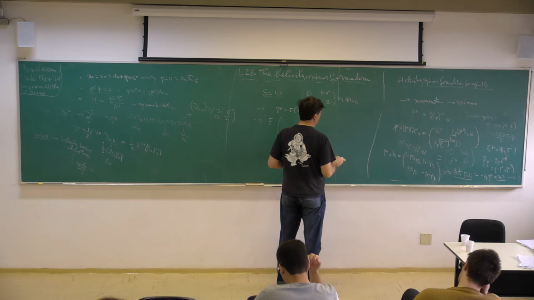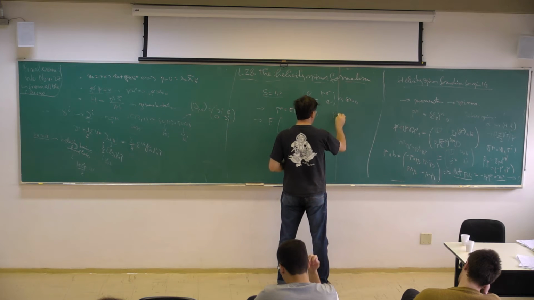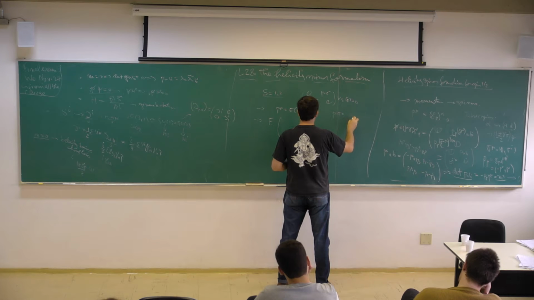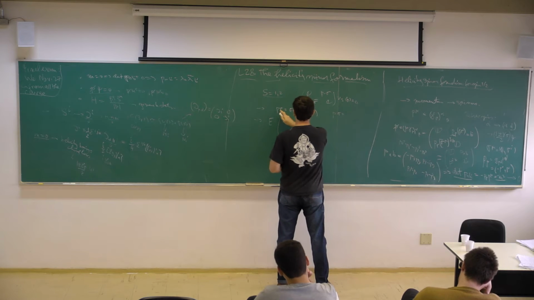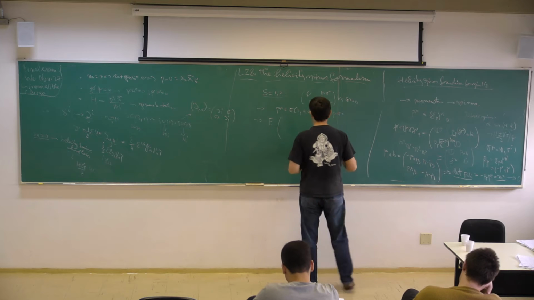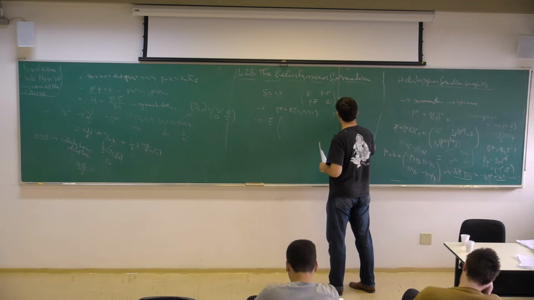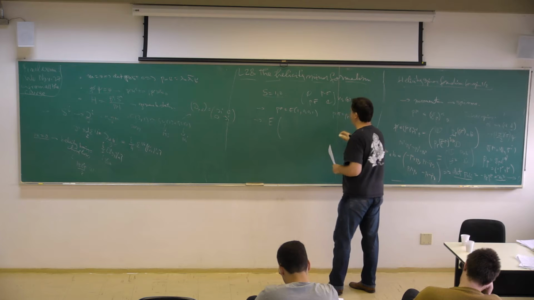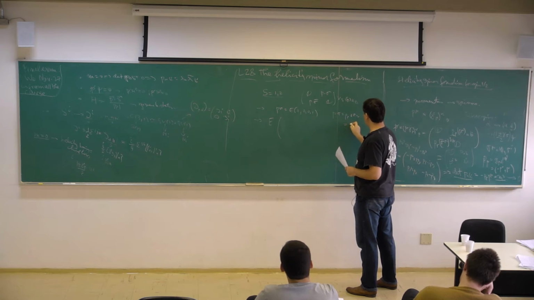Let's write P·σ specifically. It's P_μ σ^μ, and lowering the index means I get a minus P^0 in the first term, with σ^0 equal to 1, but then plus P times σ^3.